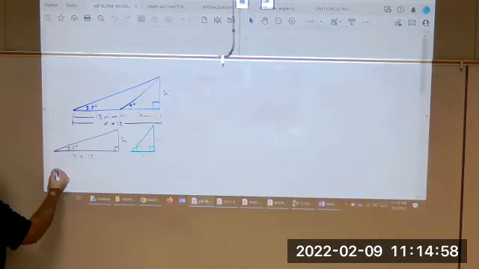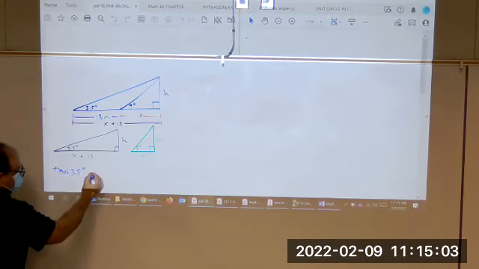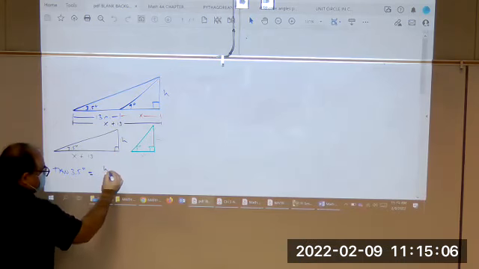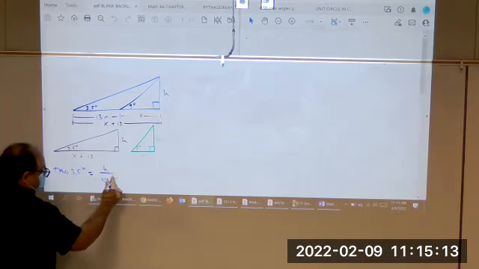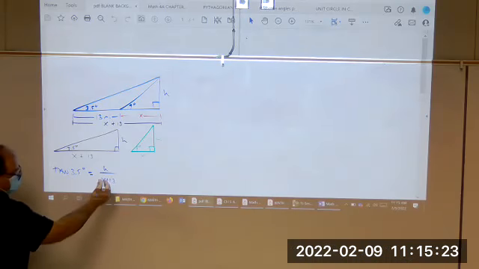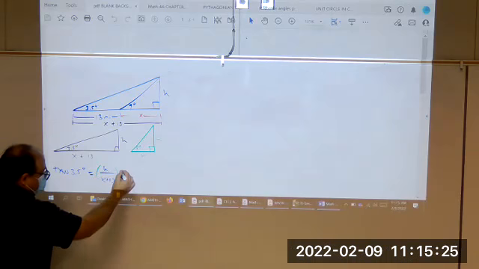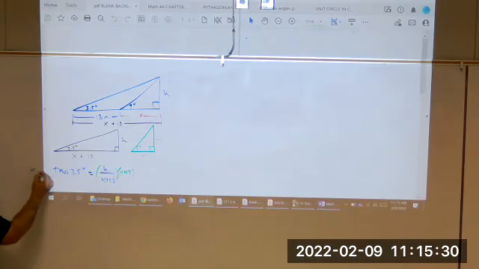The tangent of 3.5 degrees is equal to the opposite h over this x plus 13. Right there, we got it wrong. Which means if you've got a denominator, you multiply both sides by x plus 13, and don't forget to use parentheses.